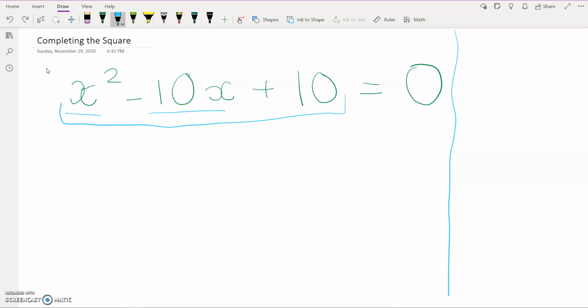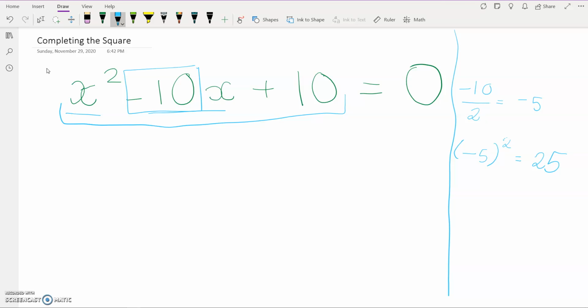So what we're going to do is we're going to divide the coefficient of our x term, which is in this case negative 10, by 2. And that gives us negative 5. And we're going to take a negative 5 now and we're going to square it. And we get 25.